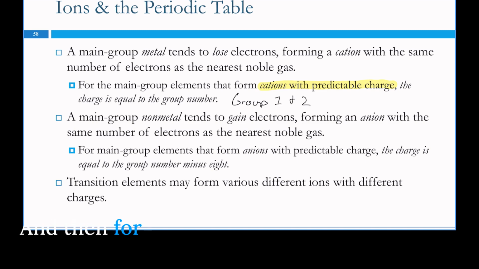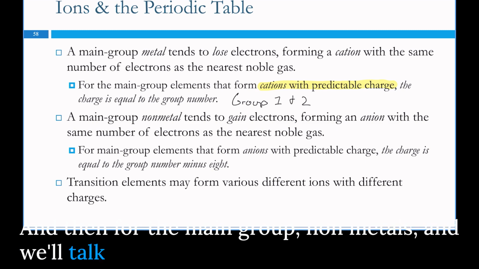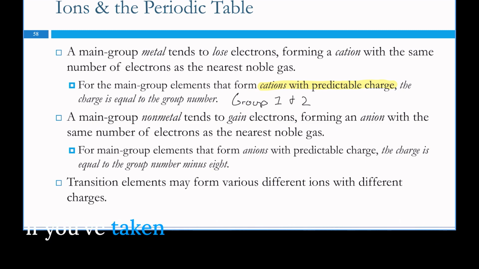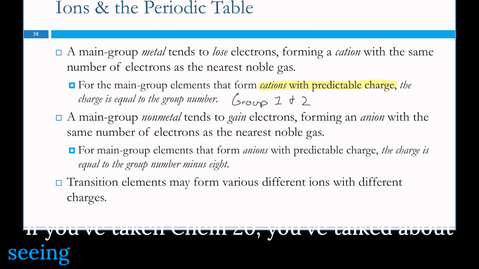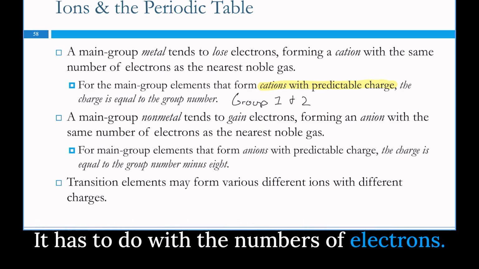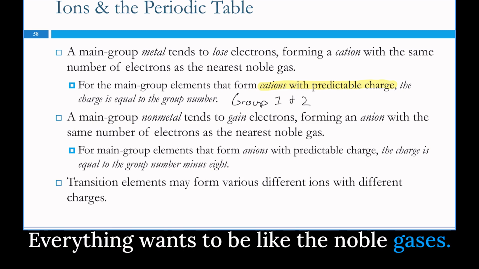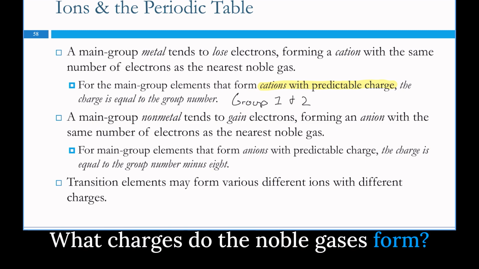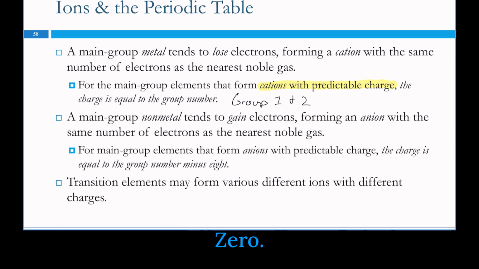And then for the main group non-metals, and we'll talk more about why, actually, if you've taken Chem 20, you've talked about seeing why these form the charges that they do. It has to do with the numbers of electrons. Everything wants to be like the noble gases. What charges do the noble gases form? 0. They don't form charges. They're super stable. And that's because of the number of electrons that they have.